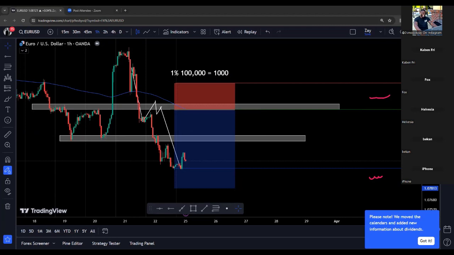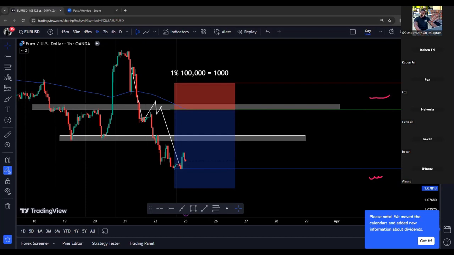Your total risk amount is $1,000, and you want those 30 pips to be equivalent to $1,000, so you take $1,000 divided by 30 pips. That will give you your lot size.